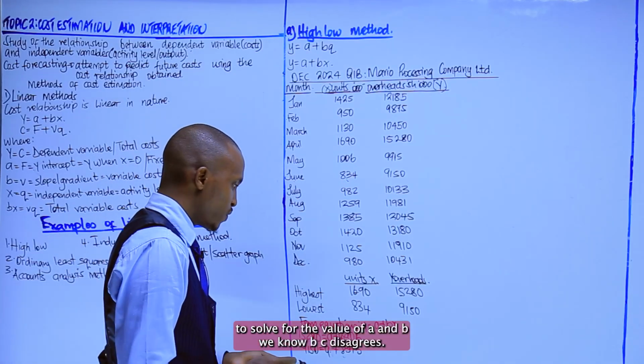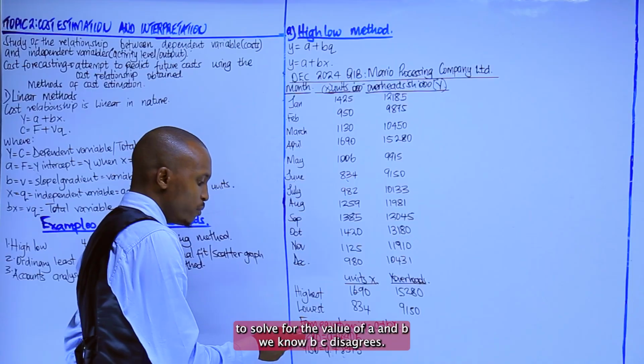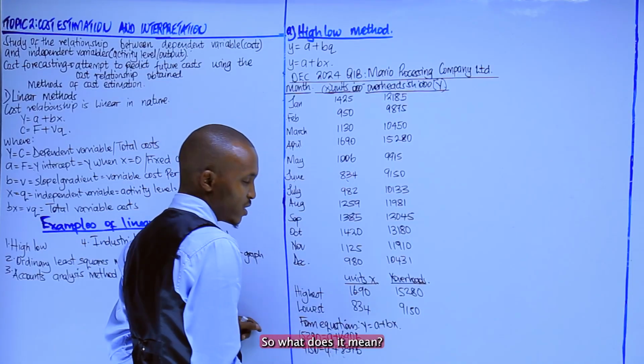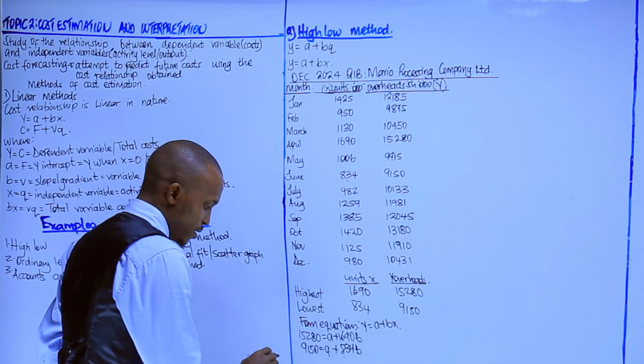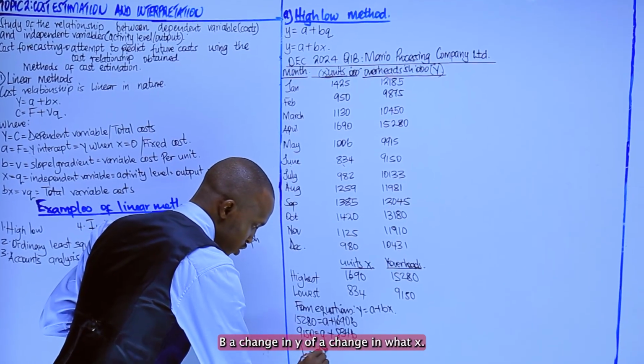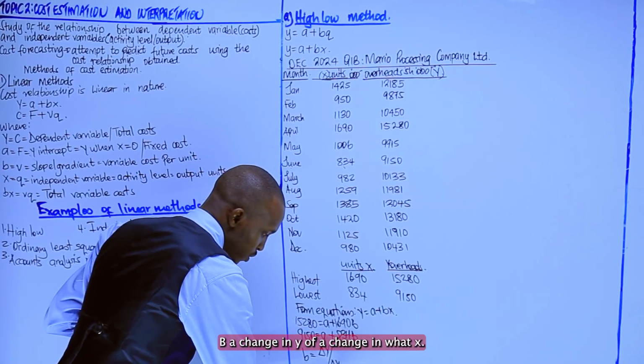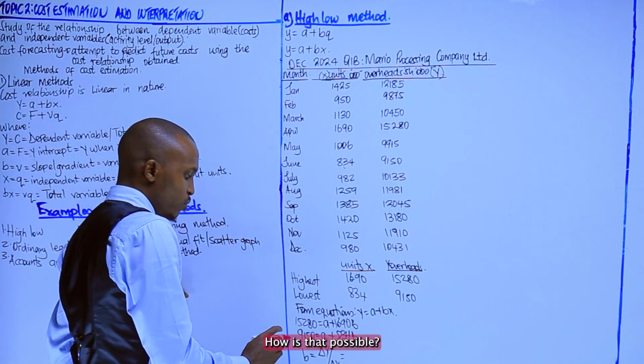To solve for the value of a and b, we know b we said is your gradient. So what does it mean? You simply take the change in y over change in x. B, take change in y over change in x. How is that possible?